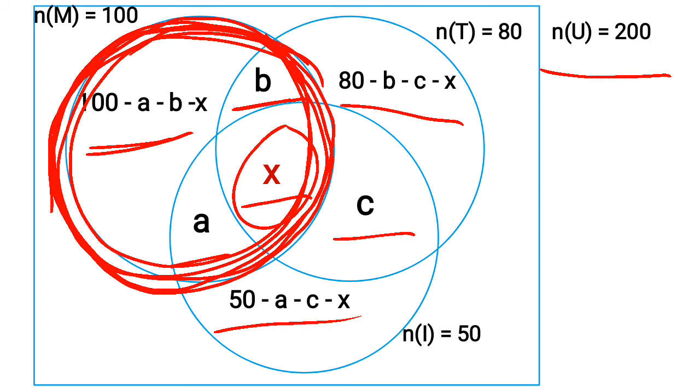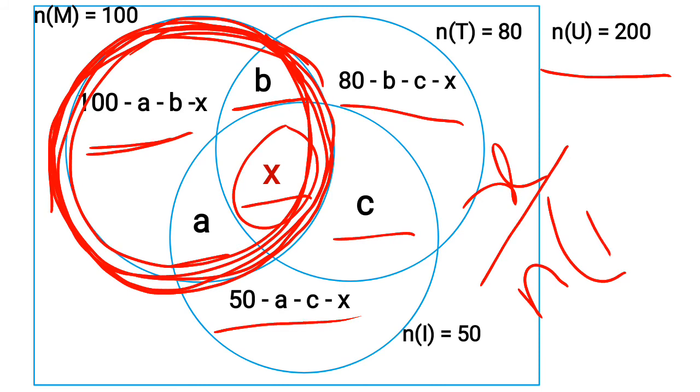So over here, we are dividing those who complain of all 3 by those who complain of malaria. Okay, so that's going to be 2.